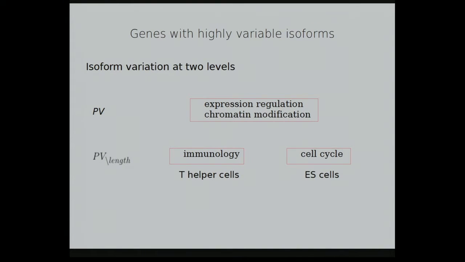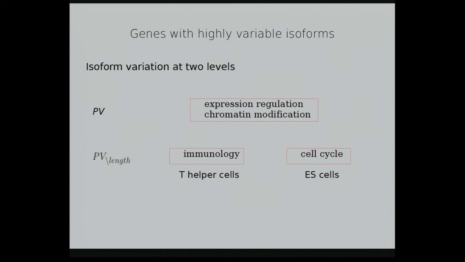So this is shared between different cell types. And after we regress out the gene length, we actually see more cell type specific functions. For example, with T helper cells, we see a lot of immunology-related GO terms, and for ES cells, we see mostly the cell cycle GO terms.